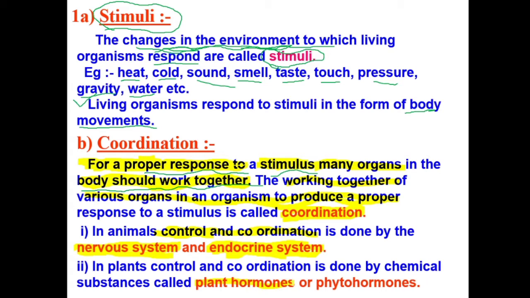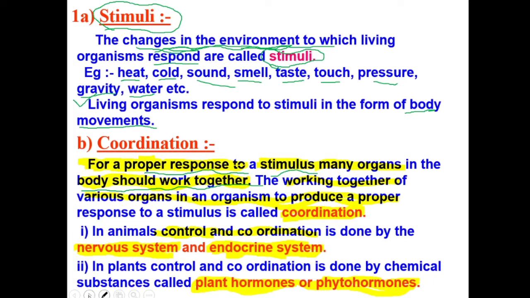One thing I want to tell you, that our endocrine system also works on hormones. So plants also have hormones, but they lack the nervous system. So they have chemical substances called plant hormones or phytohormones. The word phyto is associated with plants. Wherever you hear this word phyto, keep in mind that they are talking about a plant.